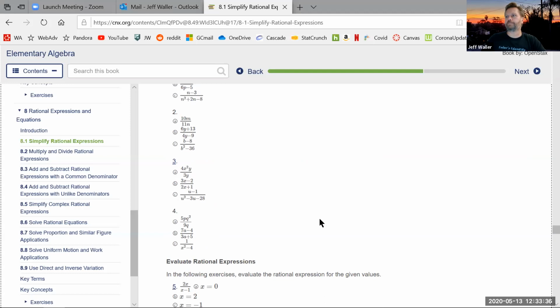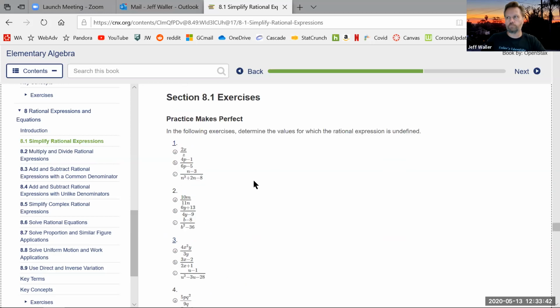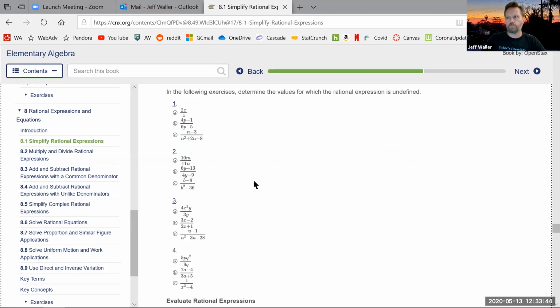My question is, so y cannot equal 0 or no? Because the y's can cancel each other.